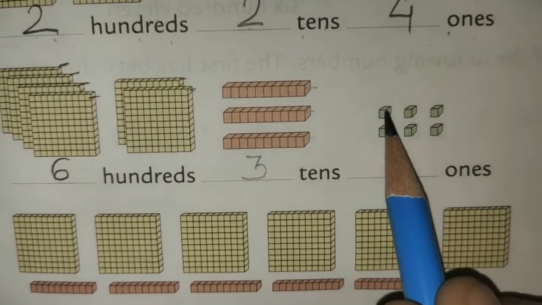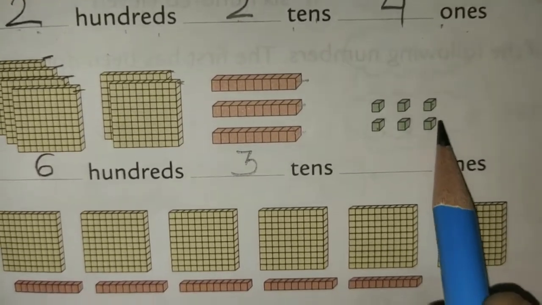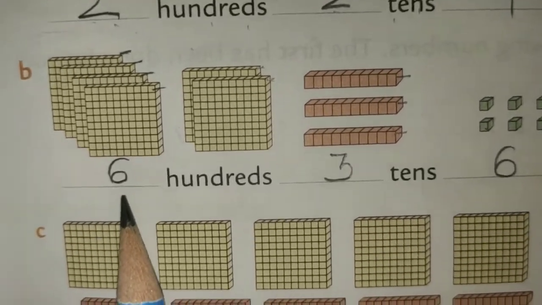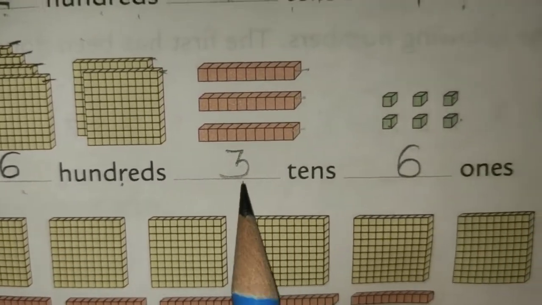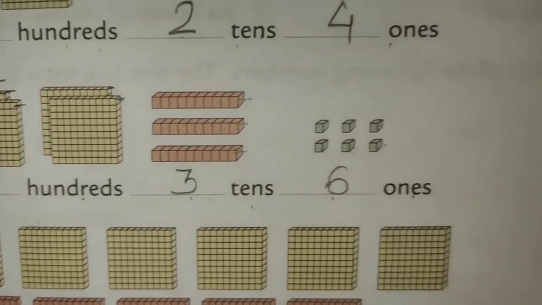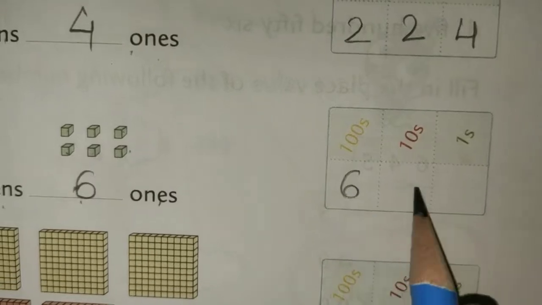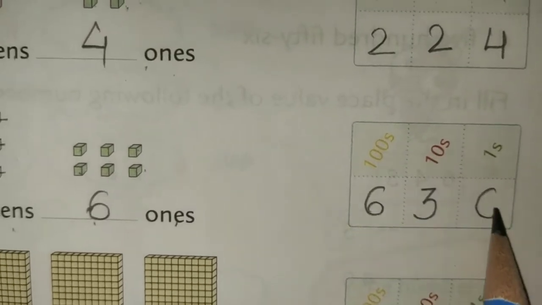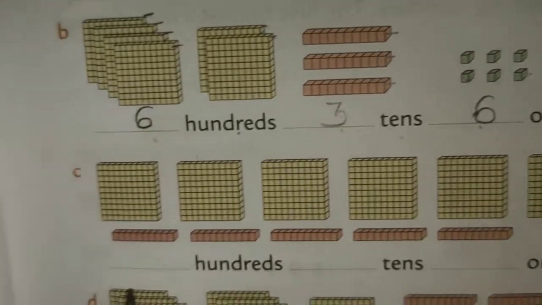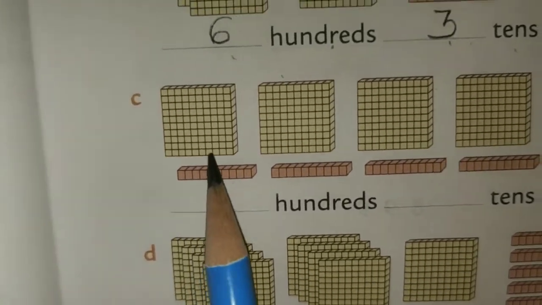And ones: 1, 2, 3, 4, 5, 6, so 6 ones. Which number do we get? 600, 3 tens and 6 ones, so it is 636. You have to write 636 here. Understood, children? Now we are going on to the next question.